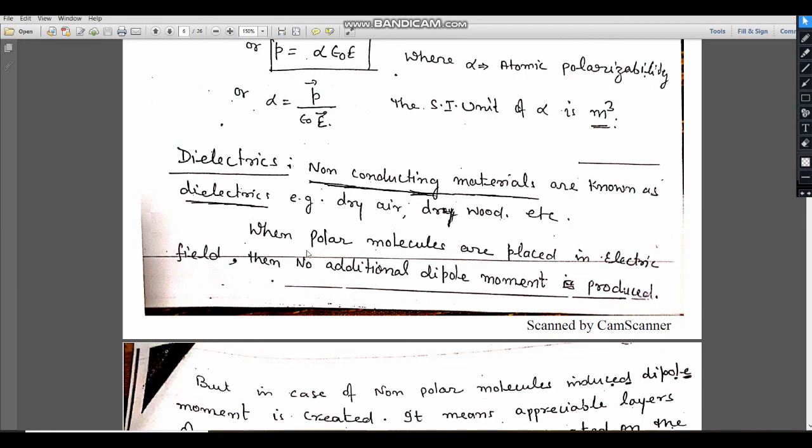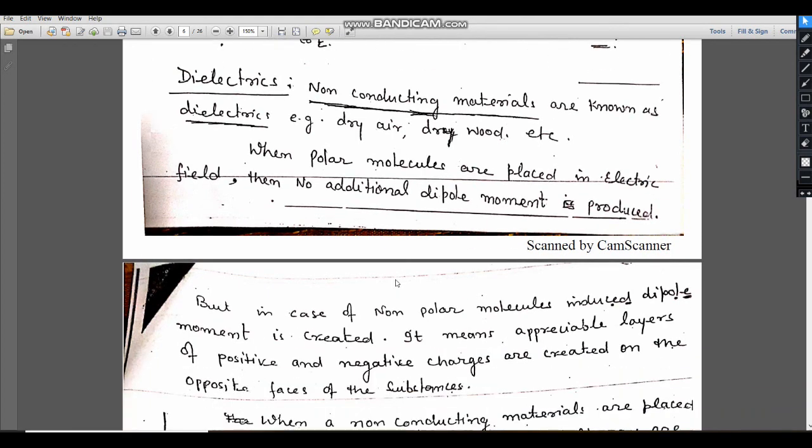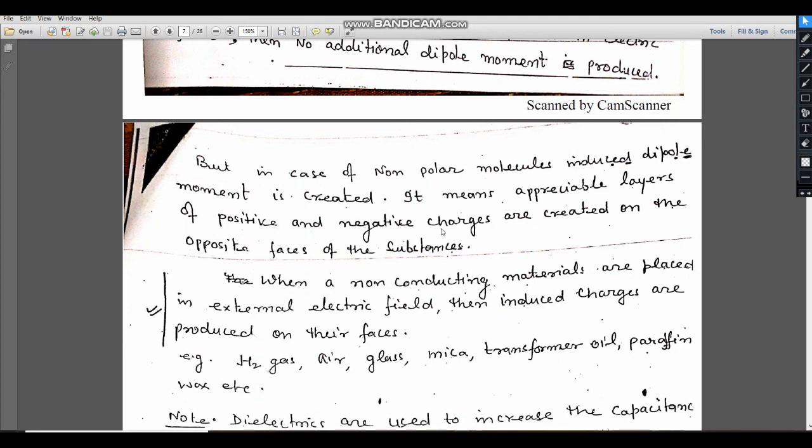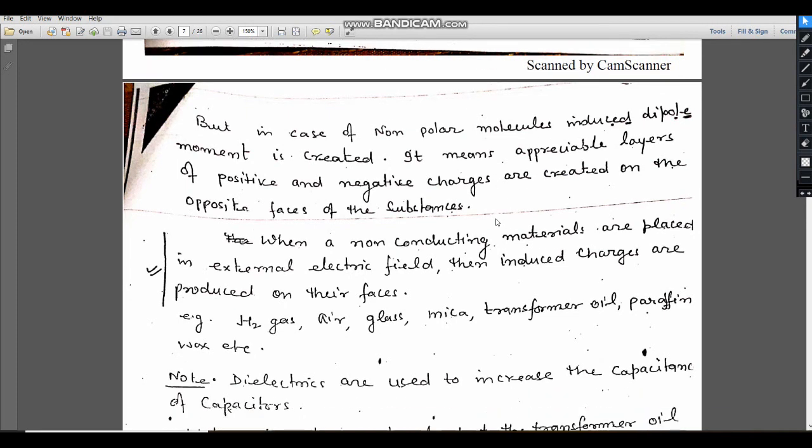Polar molecules are those in which the center of positive charge and the center of negative charge do not coincide. When polar molecules are placed in an electric field, there is no additional dipole moment. But non-polar molecules have an additional dipole moment, because the positive and negative charges experience a force.